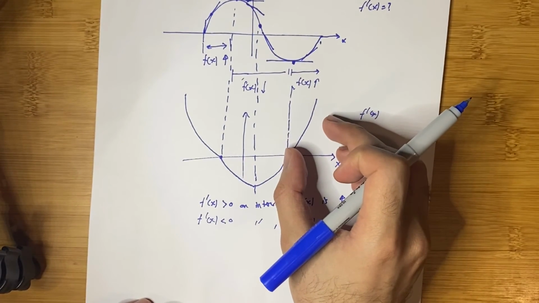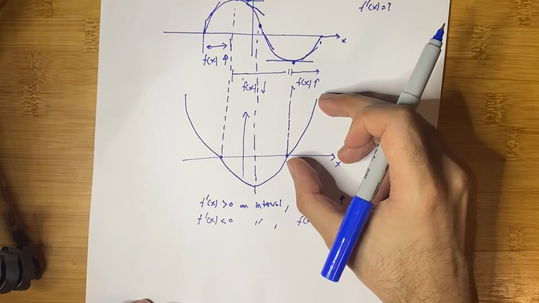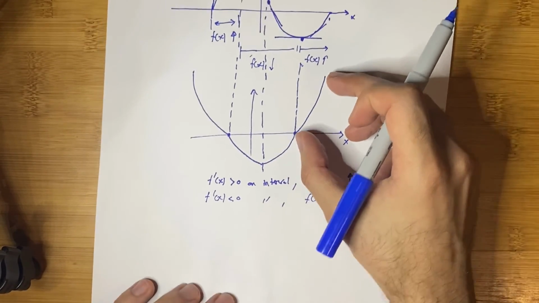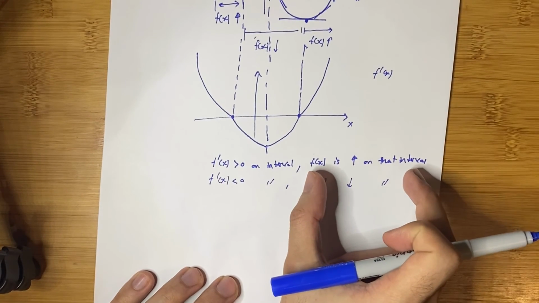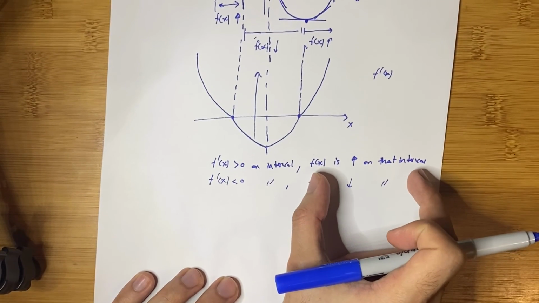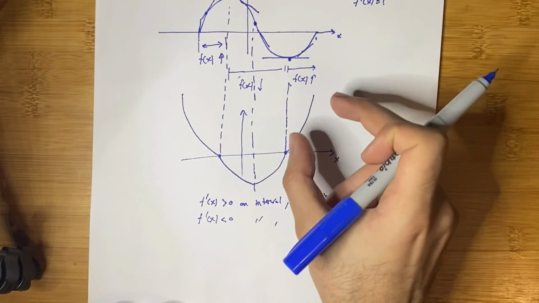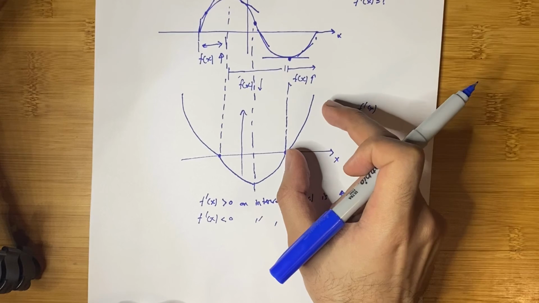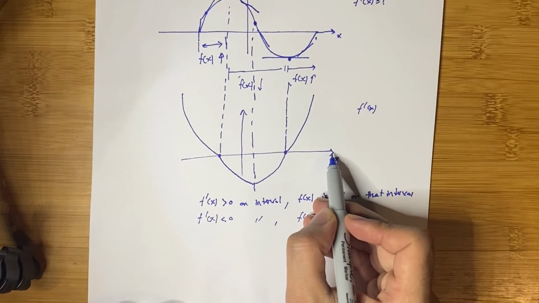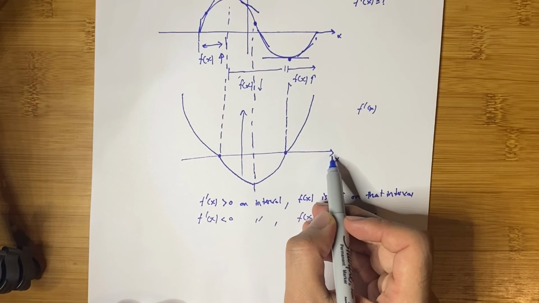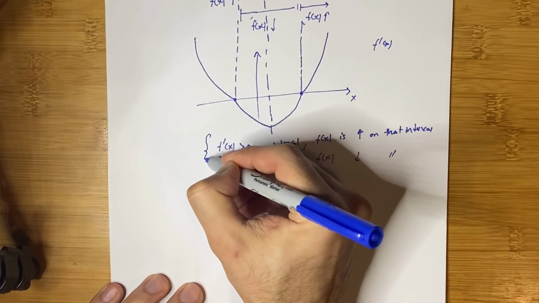Let's check the value of f prime of x. It's positive. And this is exactly what it says here. f of x is increasing on an interval, which is this one, for example, then the value of its derivative will be positive, which you can notice here, it's above the x-axis. So this is our conclusion.